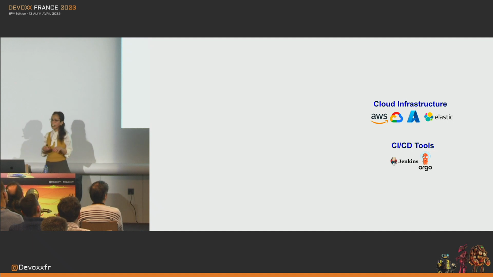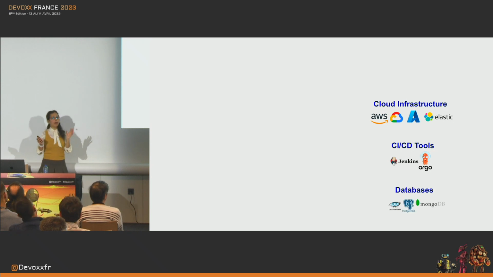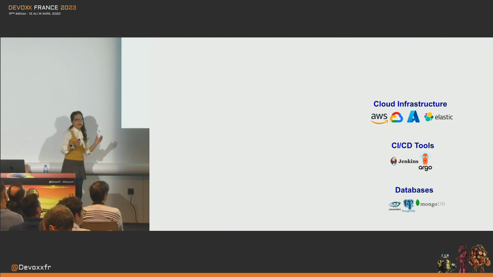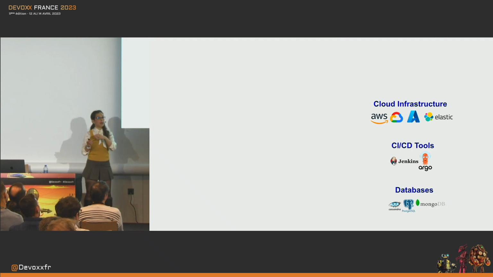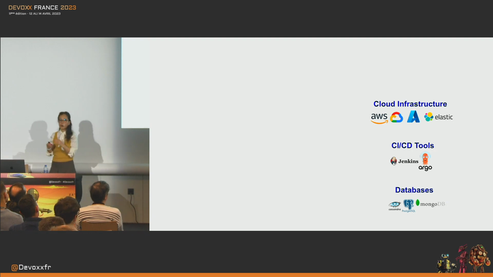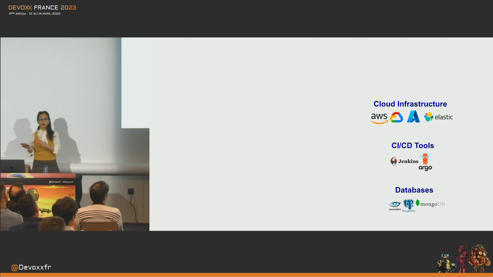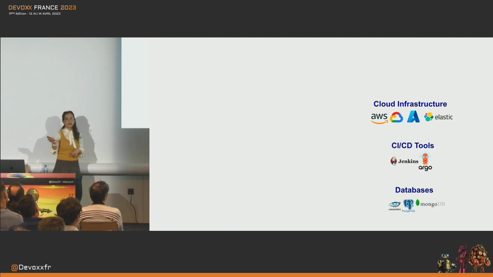Why is that? To help the developers build, test, and deploy their application into the infrastructure. All the application and service data and also the deployment configuration are stored in different kinds of databases, depending on your use case. You want one database or another, relational database or non-relational database.